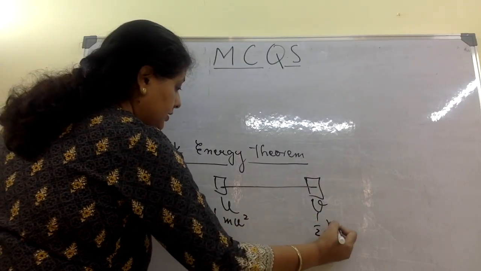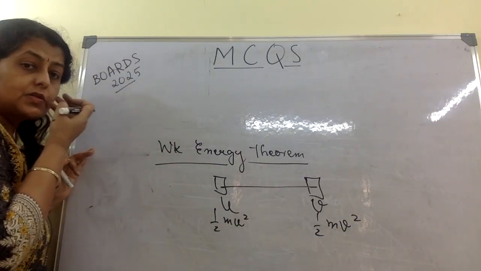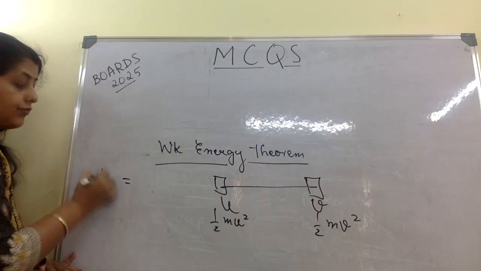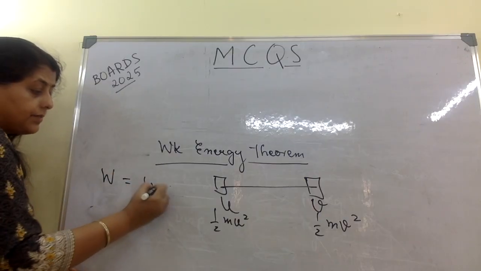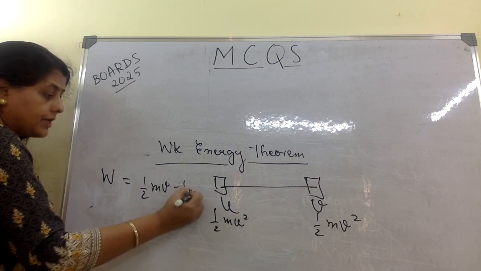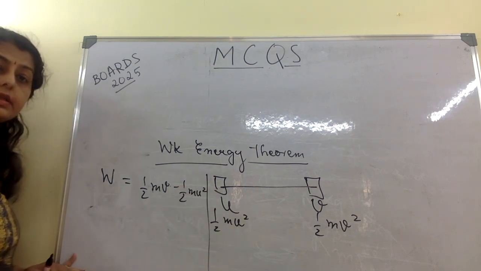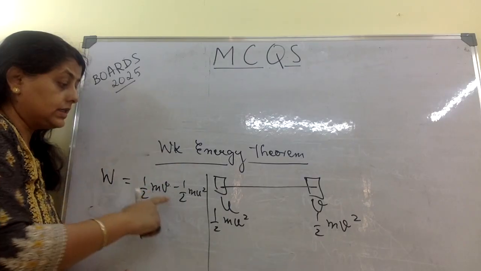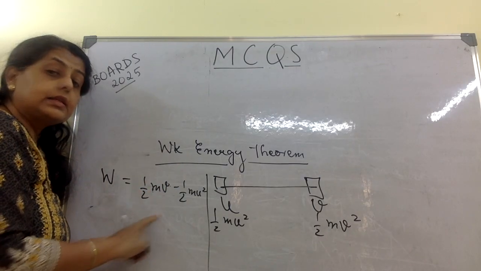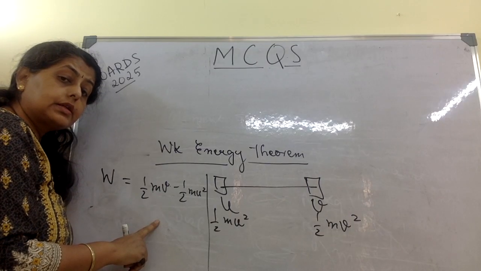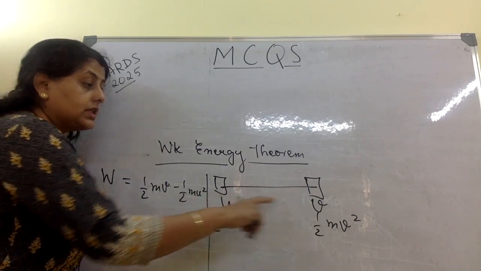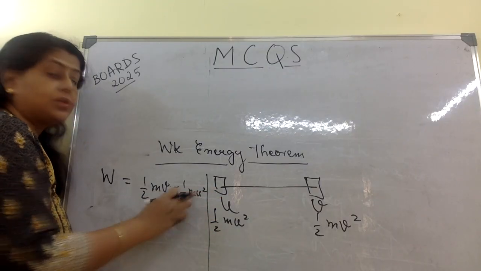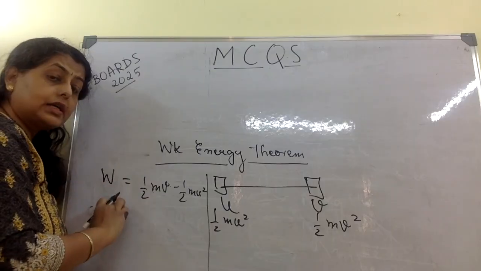The work is half m v square minus half m u square. That is the difference in kinetic energies between these two positions.